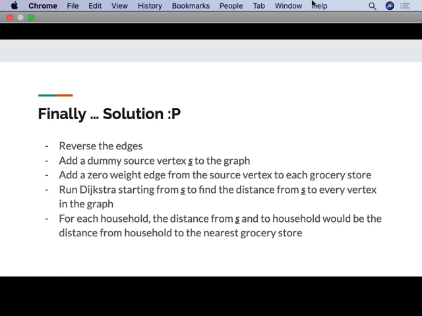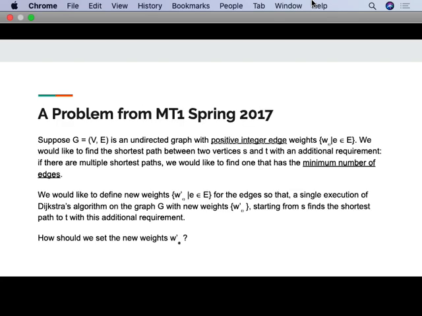Whereas if you're starting from the grocery store, it might not be the same path in the original graph. That's why you need to reverse it. All this thinking is pretty similar to the homework problem that I've been mentioning a lot of times, All Roads Lead to Rome. So if you have any question, check that homework. It should give you a pretty intuitive explanation. Cool. So for any further question, just post it on Piazza and the TAs will handle it.